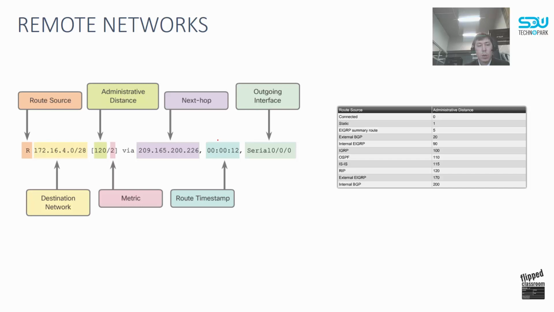Remote networks can be seen in this way. We have R, which is the RIP protocol. It can be a different code, for example, O is OSPF, or D is EIGRP. We have the destination network. We also have the administrative distance, which defines the priority of the route.